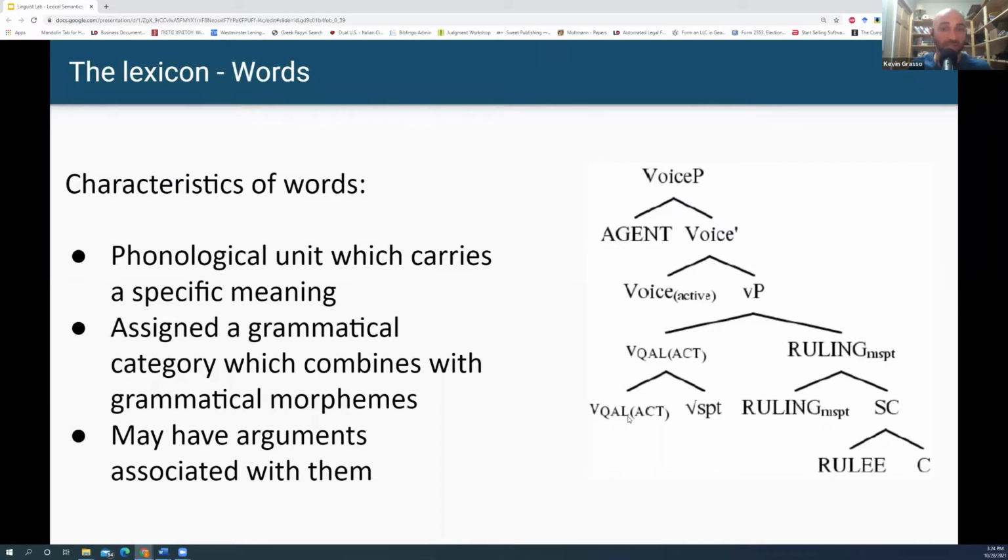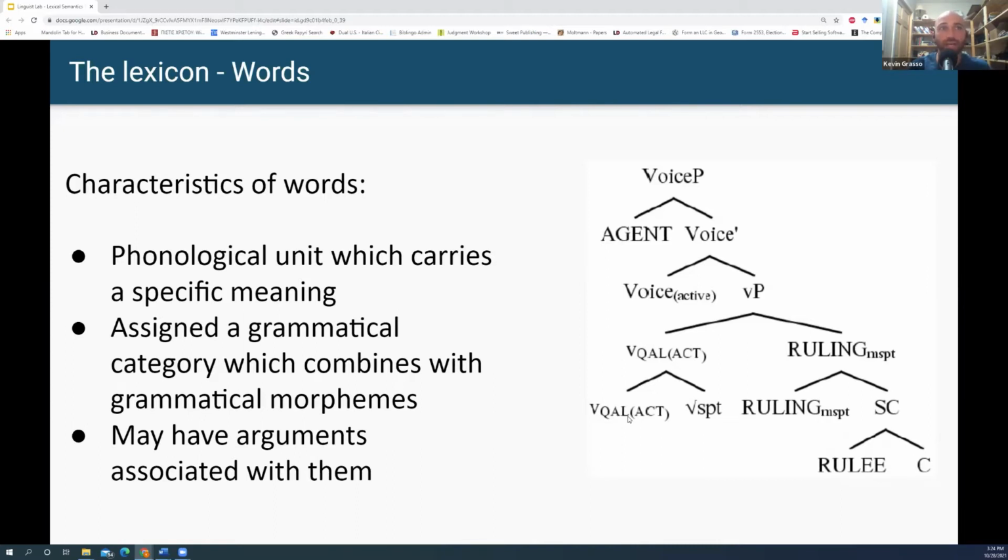And that word has a specific grammatical category, right? So in this case, shafat would be to make a ruling or judge, and that is a phonological unit with a specific meaning. Okay. And it has a grammatical category of verb.